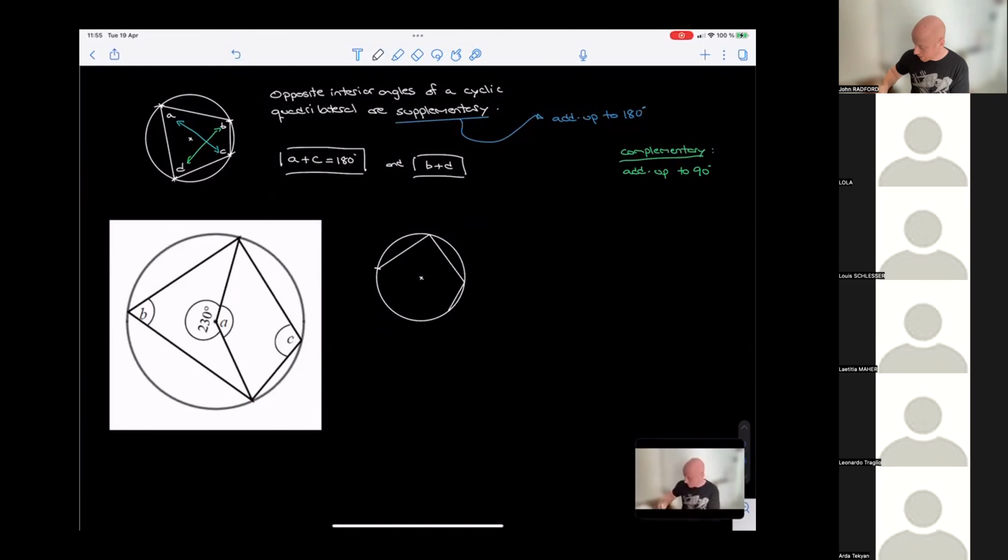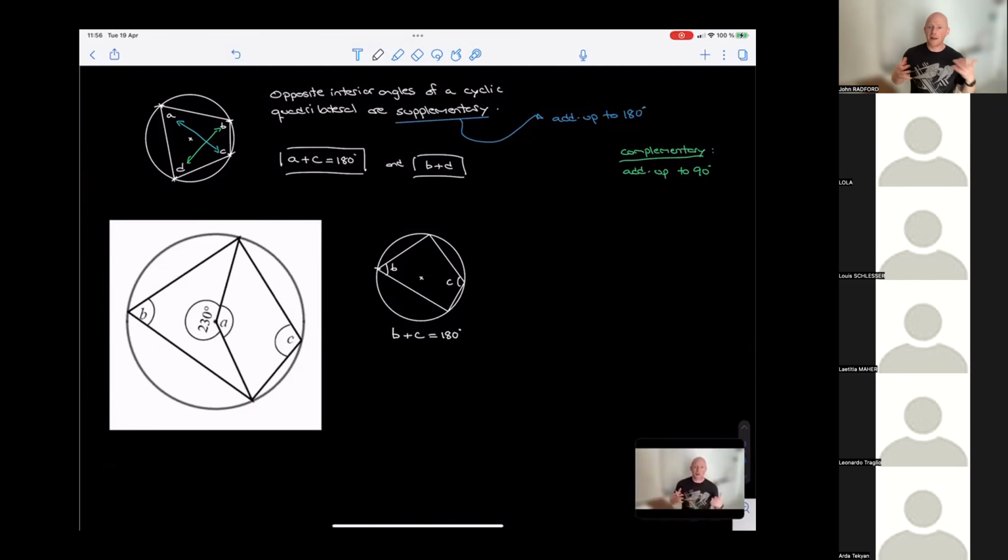I want my mind to be as clear as can be to solve this problem. So I'll just add that angle B and that angle C. Now, what the cyclic quadrilateral theorem allows me to state, just looking at my quick sketch, is that B plus C has to equal 180 degrees. Okay, I think we're all comfortable with that.